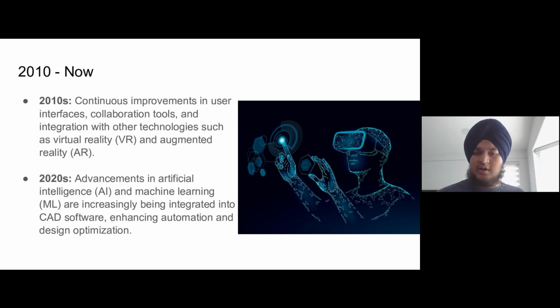So CAD software is not only used for physical engineering such as aerospace and architecture, but also for video games and the software side of things. In the 2020s and up to now, advancements in artificial intelligence and machine learning are being more integrated into CAD software, helping with optimization and the automation of the design process.